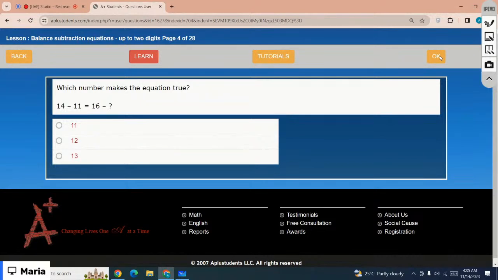So 16 minus what number equals 3? Yes, very good. That is 13. The correct option is 13. 13 is the number that can keep both sides of the equation balanced.